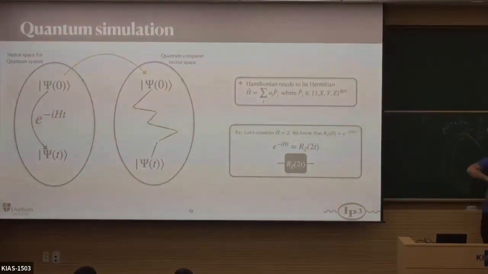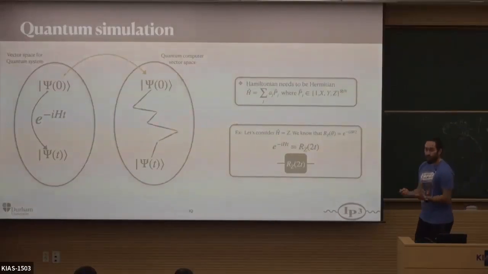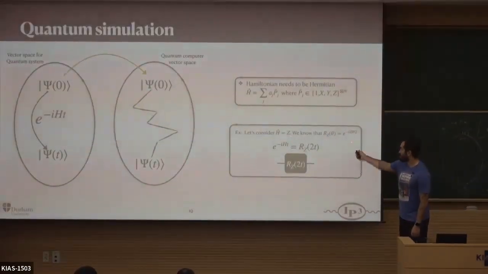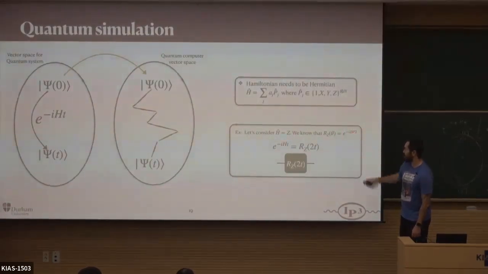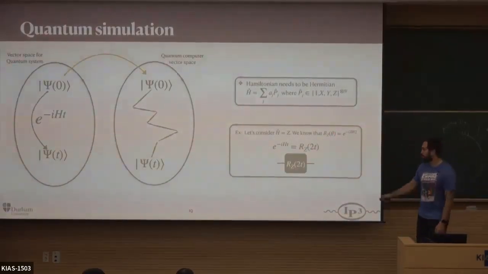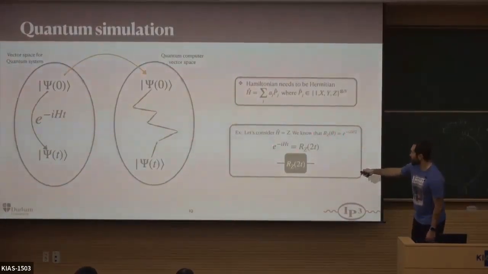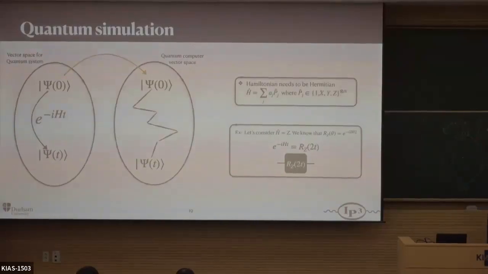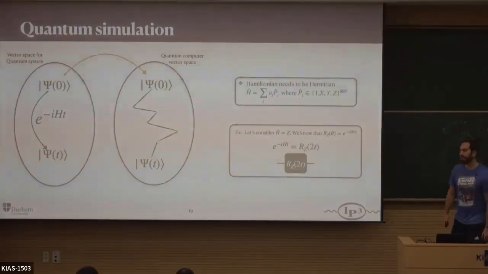So the rotation is basically from up to down. I know how this behaves, so I can write this Hamiltonian Z as exponent of Z theta divided by 2. The theta corresponds to my delta T, so I can write this entire operator as an RZ operation. Just one gate, rotation, that's it. Very simple. It will get hard, don't worry.